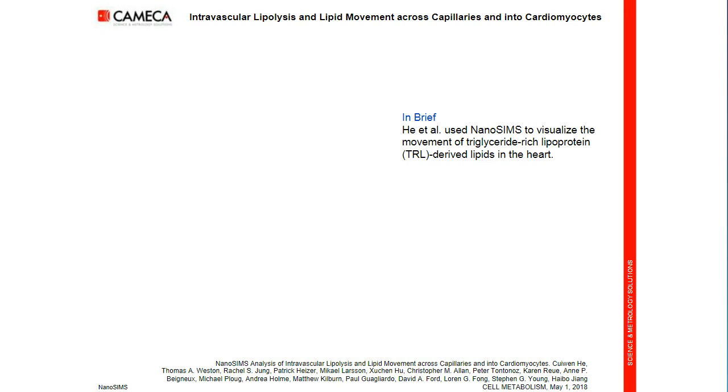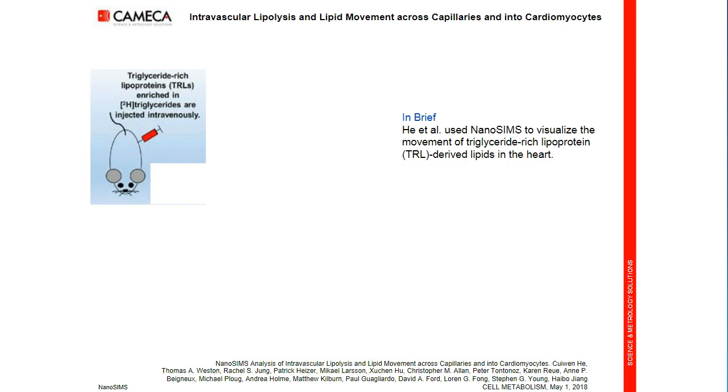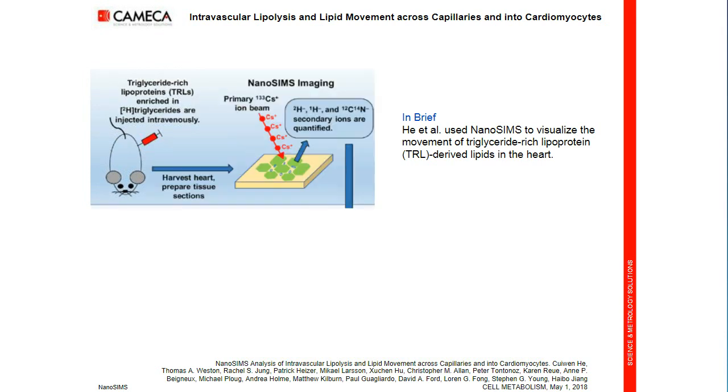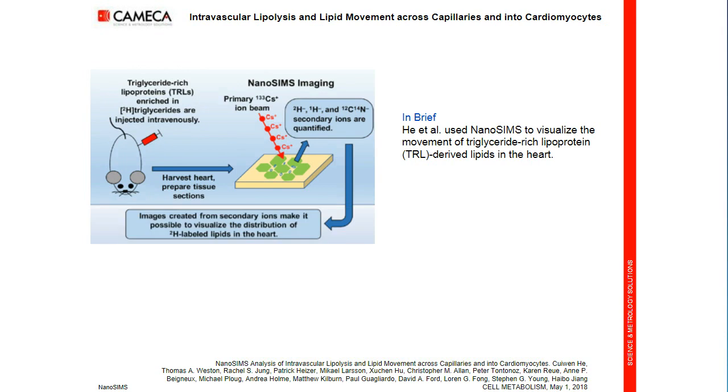So the triglyceride-rich lipoprotein enriched in deuterium are injected intravenously to mice. After a given time, the mouse is sacrificed, fixed. The tissues are prepared as thin section, and NanoSIMS imaging is performed to visualize the distribution of deuterium-labeled lipids in the heart.